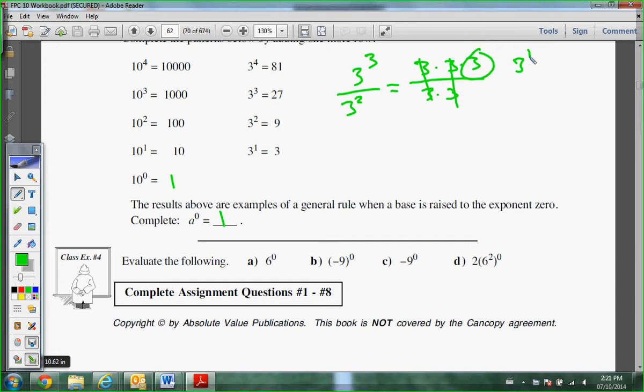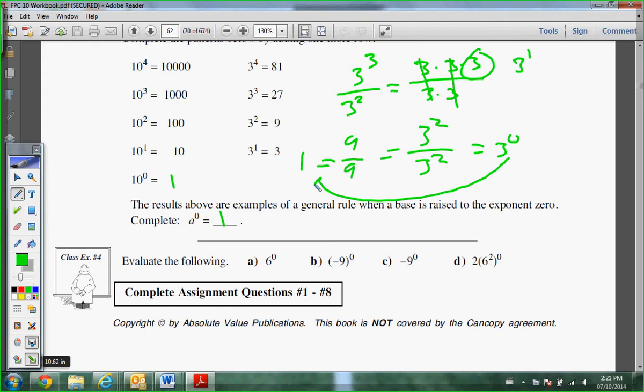Well, the reason there's a 0 is this. If I change it to 3 squared over 3 squared, well, let's just think about this. What does 3 squared equal? It equals 9, right? So it's 9 over 9. What's 9 over 9 equal? 1. What's 2 minus 2? 0. So that's the proof of why to the 0 power is 1. It's not 0. A lot of people think it's 0. Okay, does that make sense?